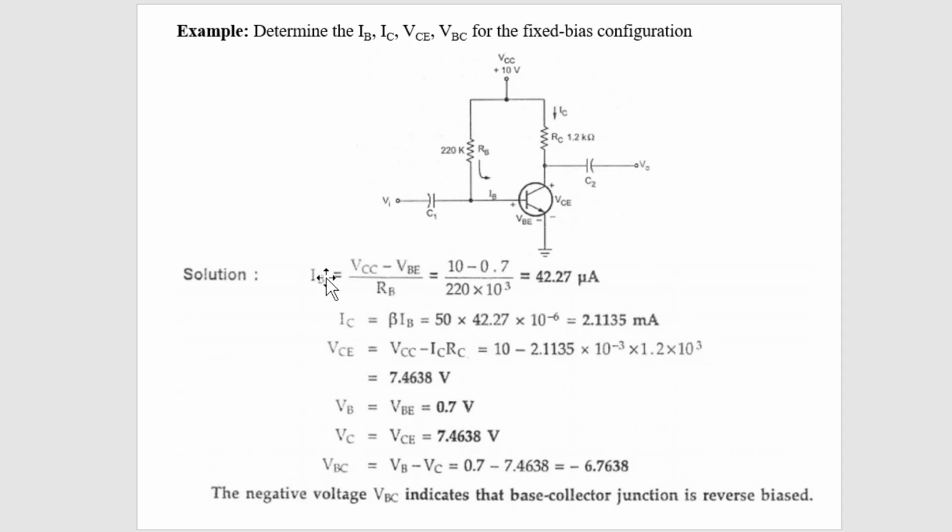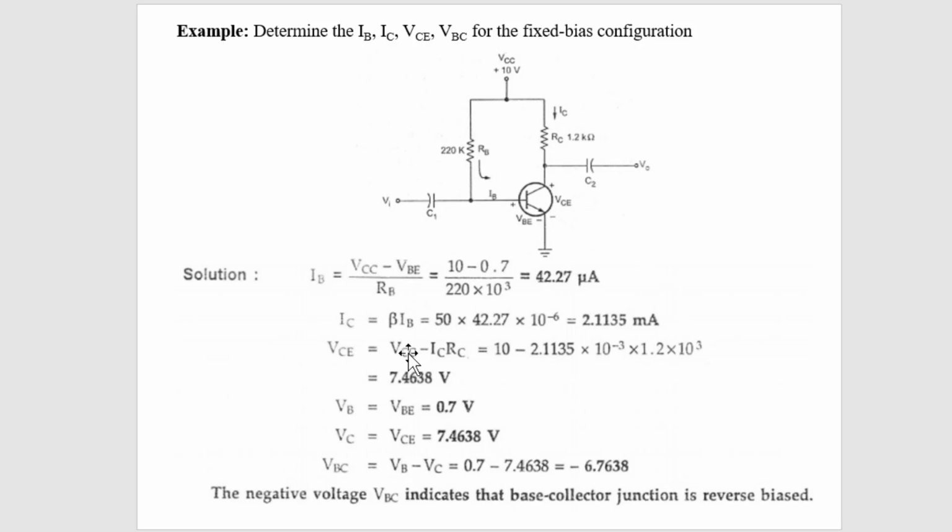I forgot to write beta. So beta is equal to 50, which is given here. If the value of beta is 50, one can find out the value of IC. So collector current is equal to beta times IB, which is 2.1135 milliampere. If IC is known, then we can determine the value of VCE.